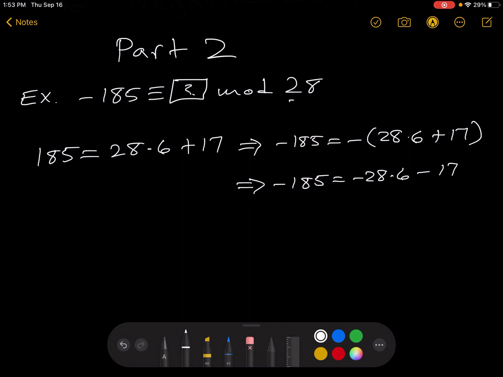Since we're working with positive mod 28, I'm going to move this negative with the 6. So I'm going to write this as negative 185 equals 28 times negative 6 minus 17.